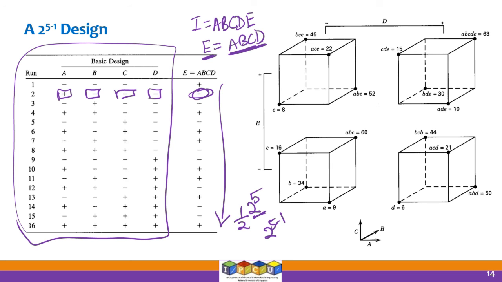Okay, and graphically you can show something like this. It gets complicated. What will you do when you have another variable called F? Let's say we want to do a 2 to the power of 6 minus 1 design. At some point in time, the graphics becomes more cumbersome or very difficult to manage, at least for some people.